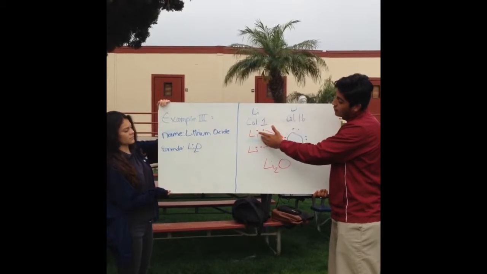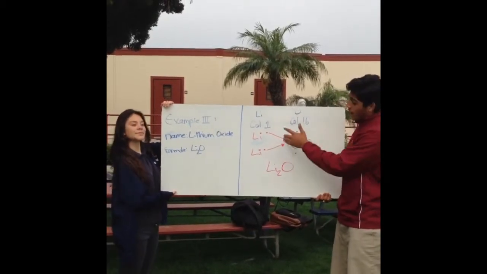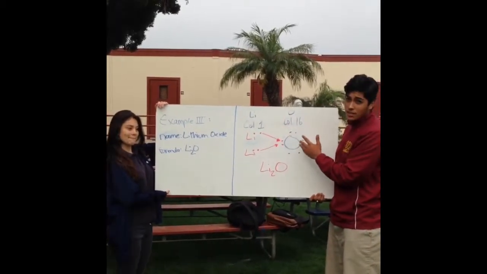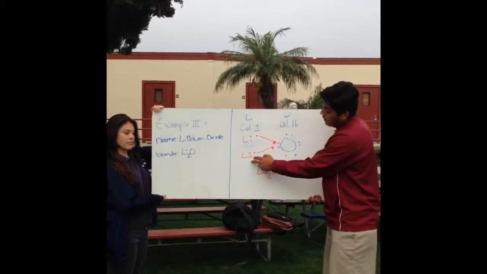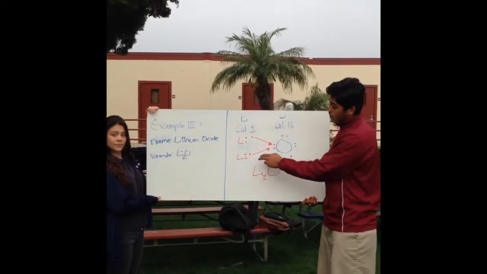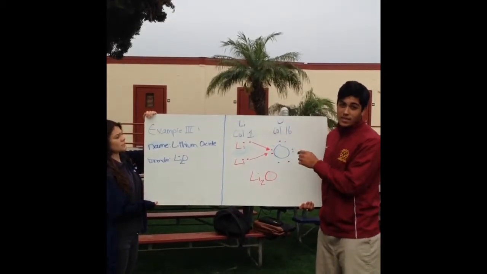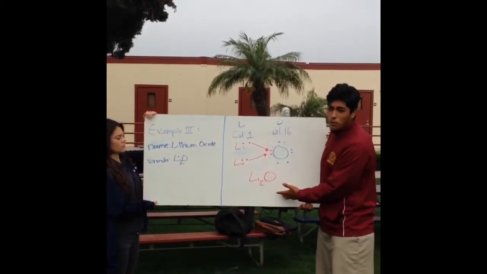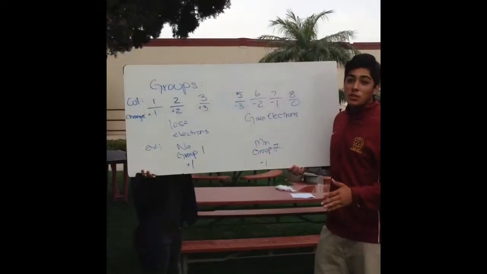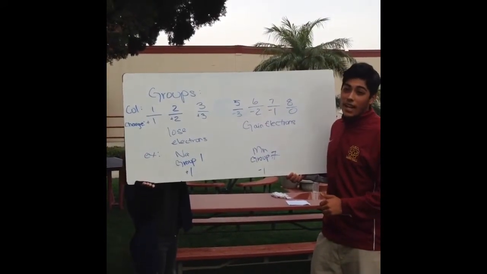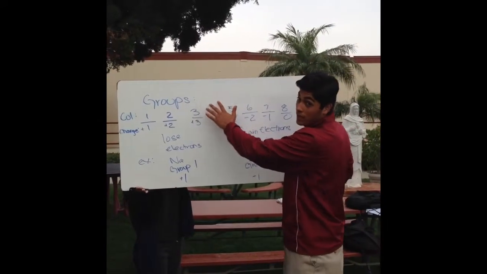Because lithium only has 1 valence electron, if it gives its 1 to oxygen, oxygen is only going to have 7. You add another lithium to give its valence electron to oxygen to make 8 valence electrons, which will form Li2O.